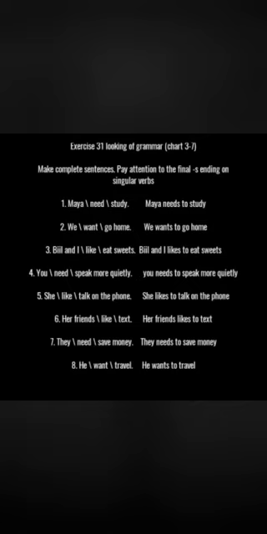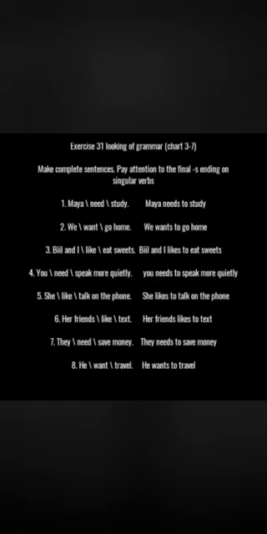It will go, Maya needs to study. And now the second question. We want go home. We want to go home is the answer. The question 3, Bill and I like eat sweets. The answer is Bill and I like to eat sweets.